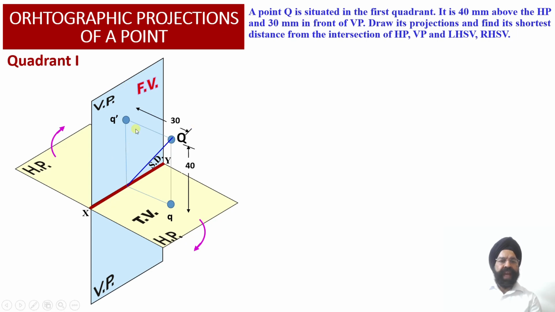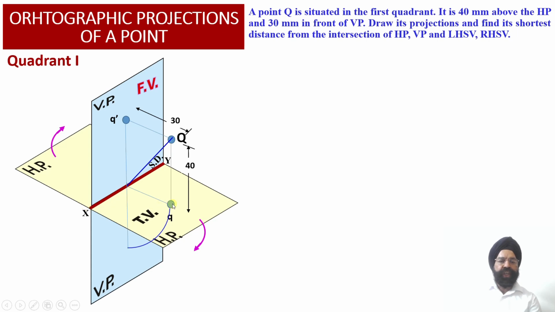So now we observe that the front view orthographic projection Q dash and the top view orthographic projection Q corresponding to this point Q are lying in mutually perpendicular planes over here. So we need to rotate the horizontal plane in the clockwise direction such that this point Q, that is the top view orthographic projection which has been obtained onto the horizontal plane, is appropriately rotated such that this portion of the horizontal plane overlaps with this portion of the vertical plane over here.